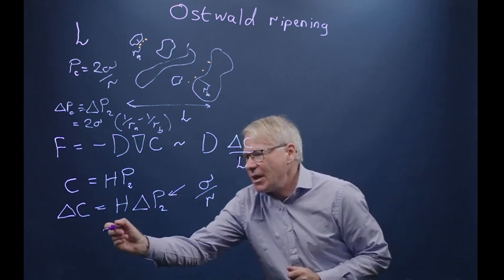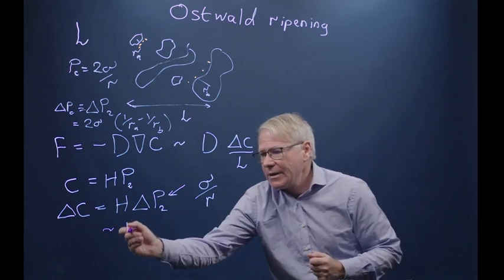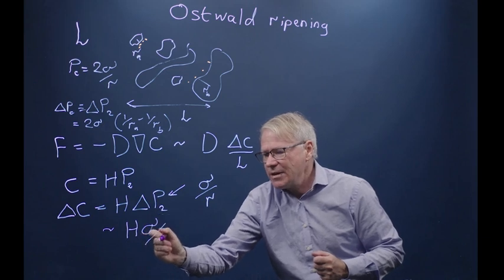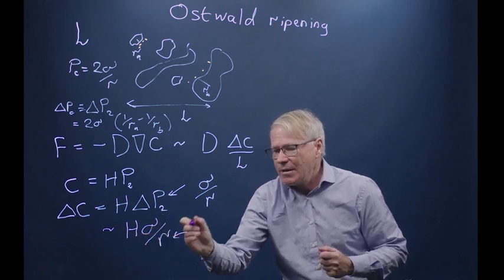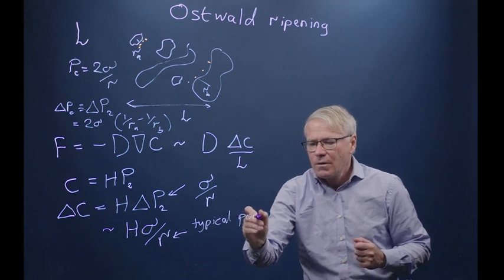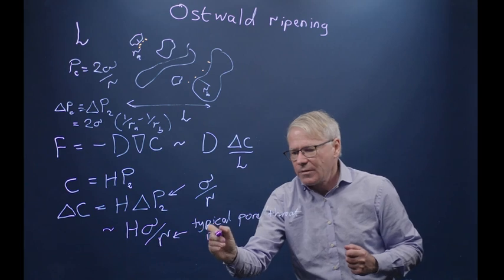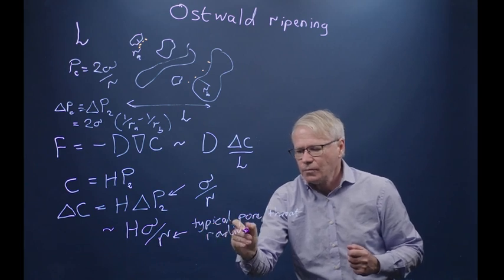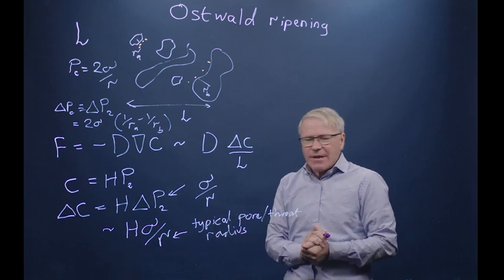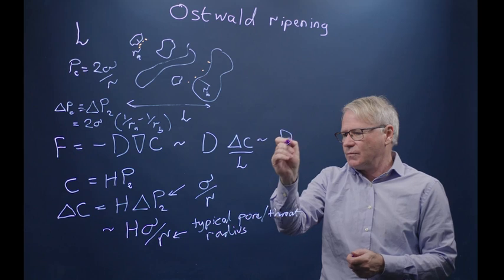So the change in C is approximately of order Henry's constant times the interfacial tension divided by what is actually going to be a typical pore or throat radius. Okay, so we got the flux, so we can put that in the equation here. So that's D H.